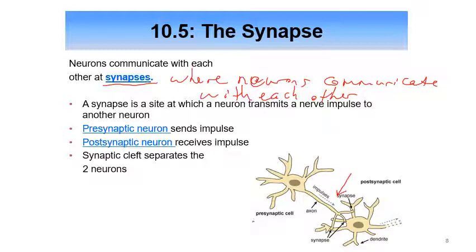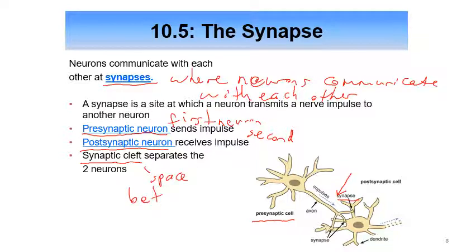In this case, here's the presynaptic cell or the presynaptic neuron. This is the neuron that sends the impulse. So this is going to be the first neuron. And the postsynaptic neuron or the postsynaptic cell is the second one. And so the connection between the two is called a synapse. The synaptic cleft is actually the space between the two neurons.